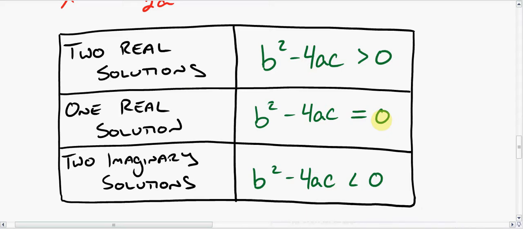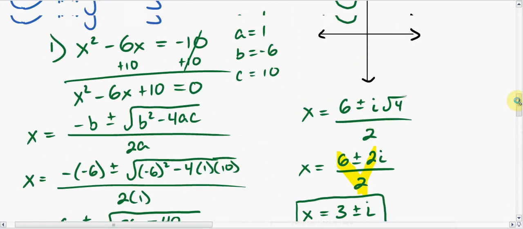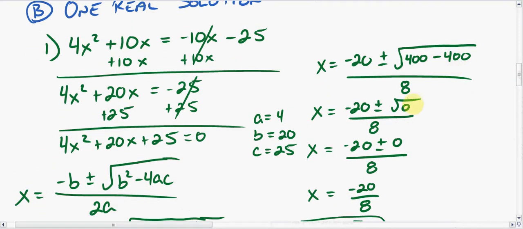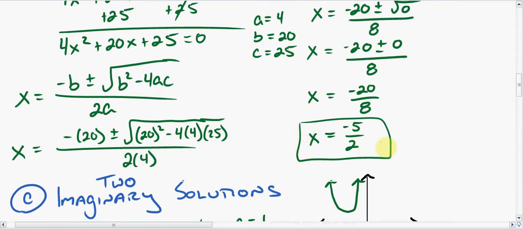When you add 0 to a number or subtract 0, you still get the same number. I'm going to scroll back up to what we did here in part B, where we had 400 minus 400, the square root of 0 was 0, and negative 20 plus 0 and negative 20 minus 0 still gave us negative 20, so we only had one solution, because adding and subtracting 0 doesn't change the value of the number.